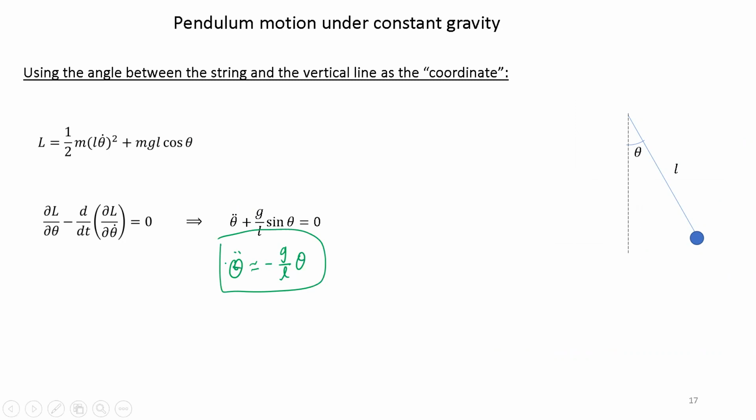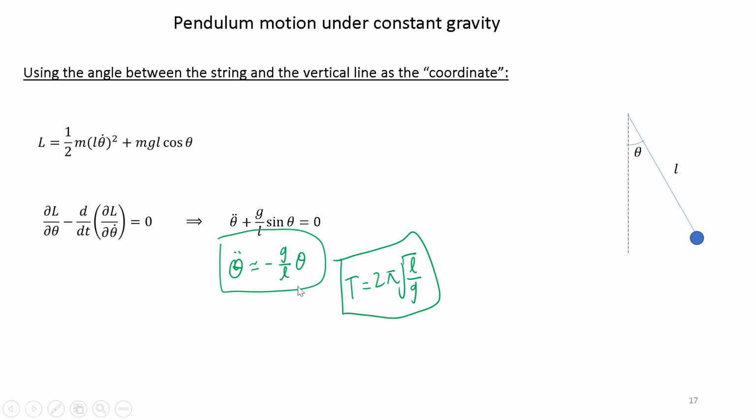Then you will conclude that the period is 2 pi square root of L divided by g. This is something you have learned before. For this simple harmonic motion, the period is also independent of the amplitude.